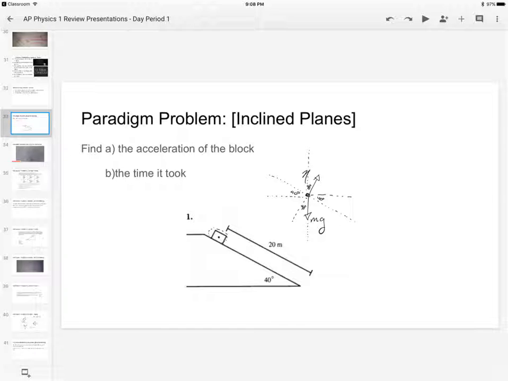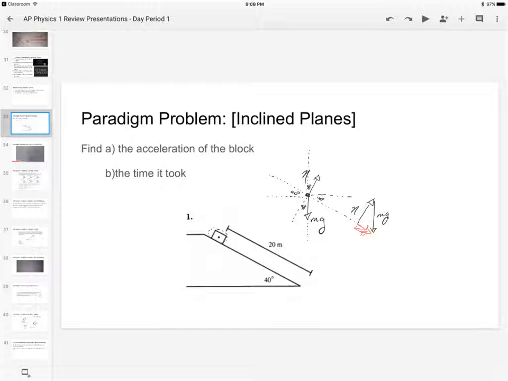And then if I redraw my vectors head to tail, I can do this in any order. I got normal up, I got weight down, and if I scale my vectors to their correct length, there will be a missing vector that is the sum of these vectors, and the sum of these vectors is going to go from the tail of the first vector to the head of the last vector by rules of vector addition.